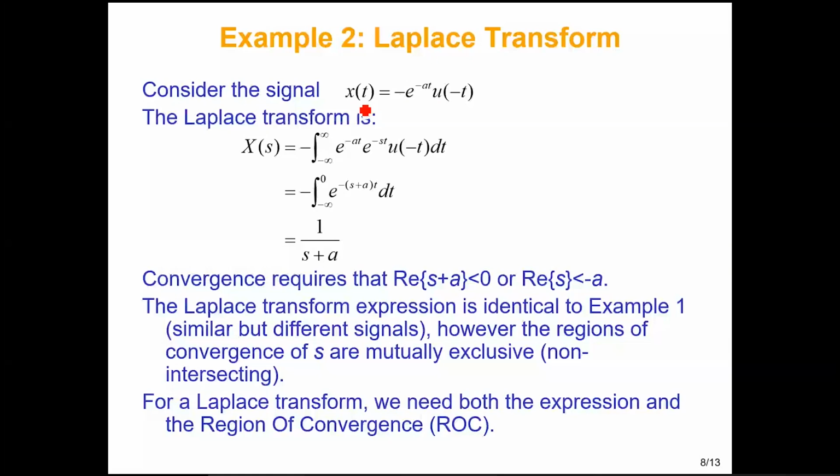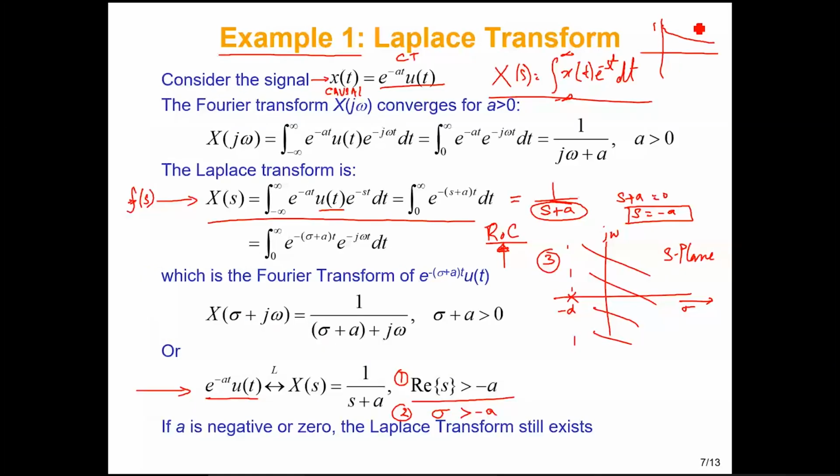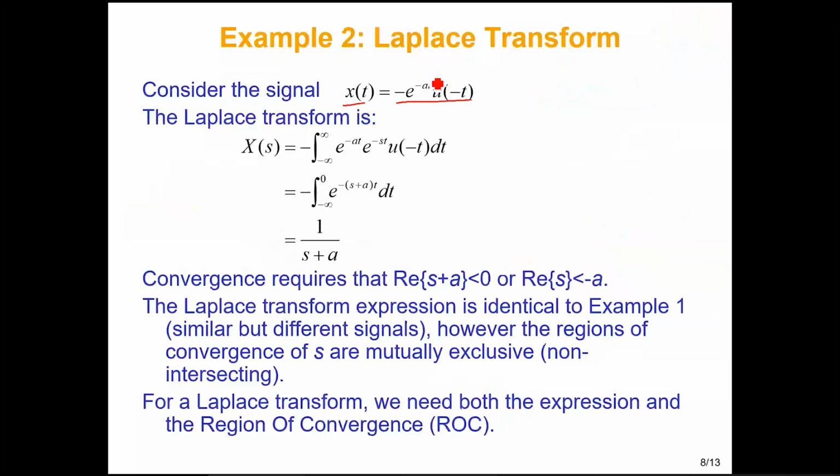So if you just plot it, it will be starting from 1, and this will be your x of t against t plot. So this was e raised to the power of minus at u of t. And if we see this, this is minus e raised to the power of minus at u of minus t.